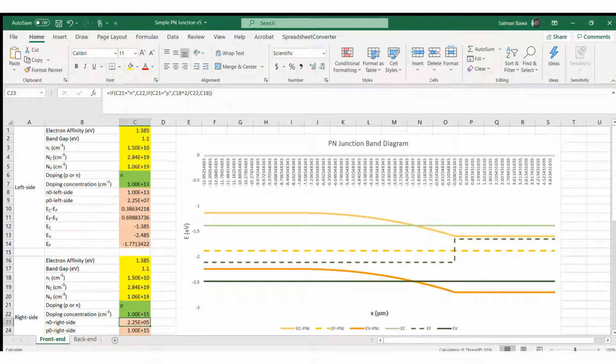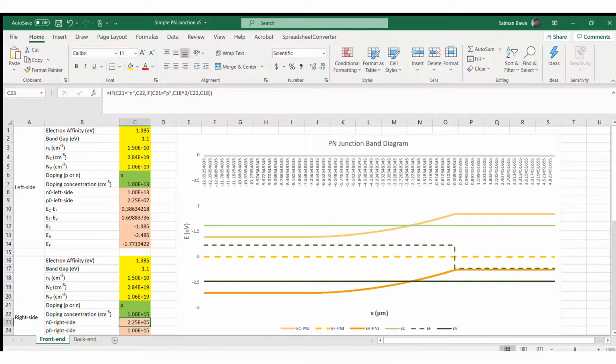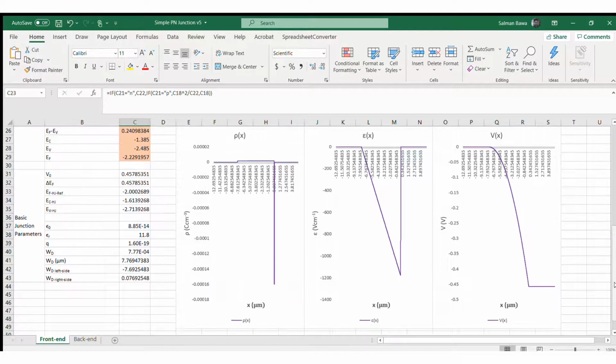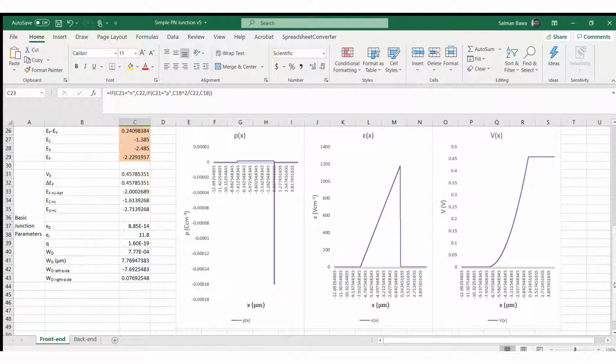It takes some time. And then once it's done, you'll see the change take place in the graphs. There we go. And the same is being reflected in the graphs of the charge density, electric field, and the potential.